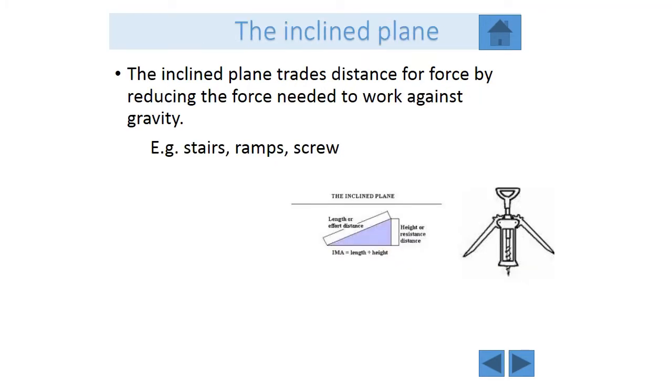Another example is the inclined plane. The inclined plane trades distance for force by reducing the force needed to work against gravity, e.g. the stairs, the ramps, and the screw. Below is an image which serves as an example of an inclined plane.